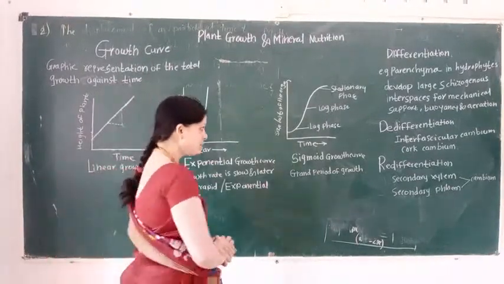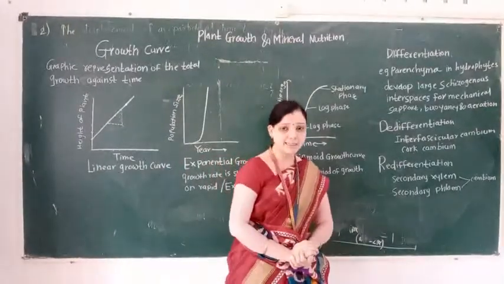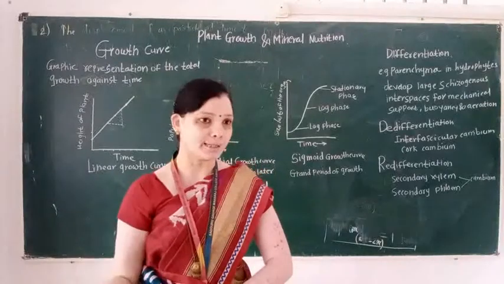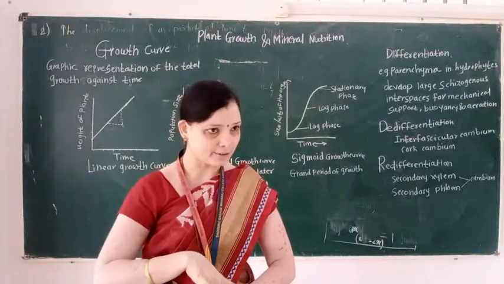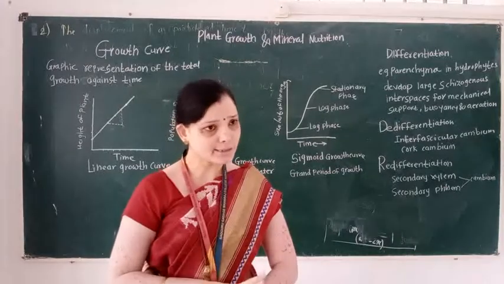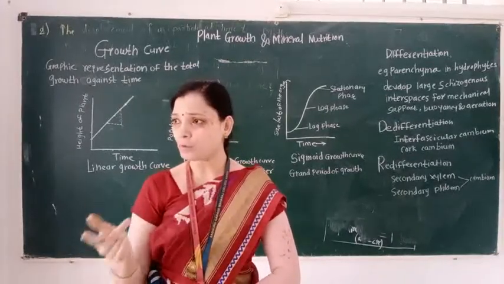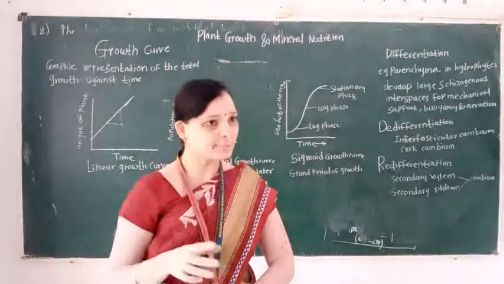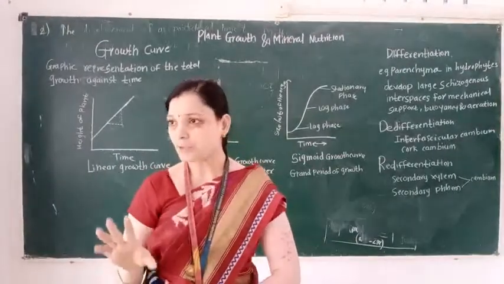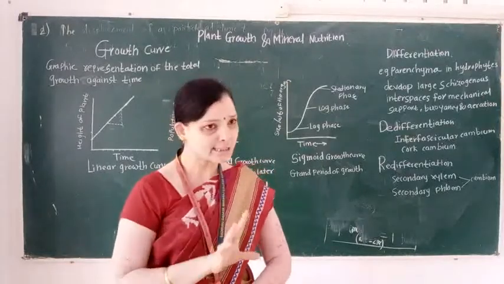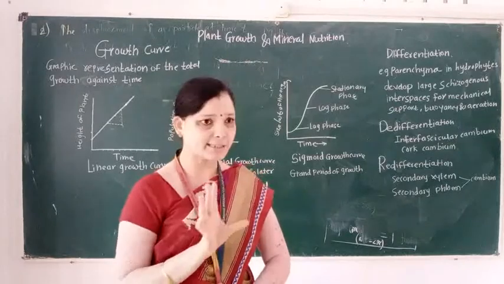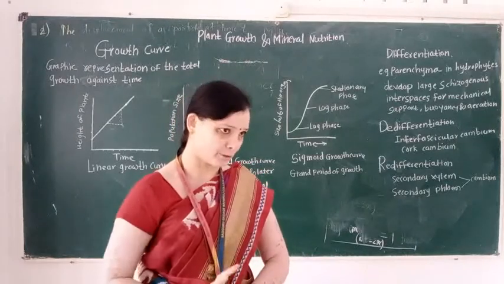Then the next concept is de-differentiation. What is the difference between differentiation and de-differentiation? Differentiation means meristematic tissue undergo cell division and then it becomes permanent, and permanent tissue loses the ability of cell division. They acquire permanent size and shape, that is, it gets differentiated and matured.